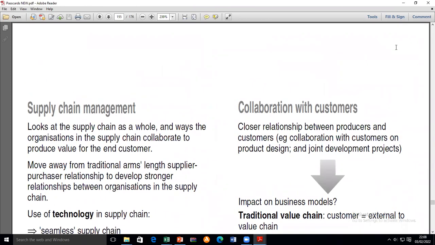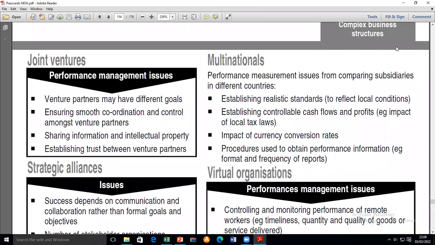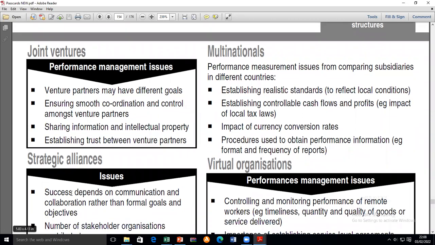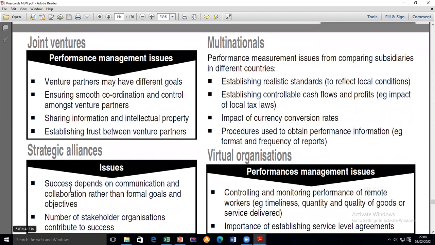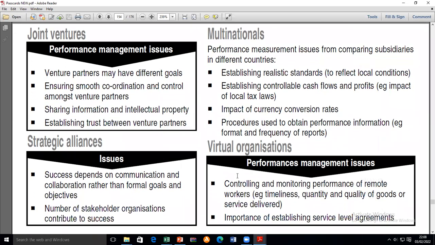So for this exam, the examples that we have of non-traditional activities include the joint ventures, the strategic alliances, the multinationals, and the virtual organizations.